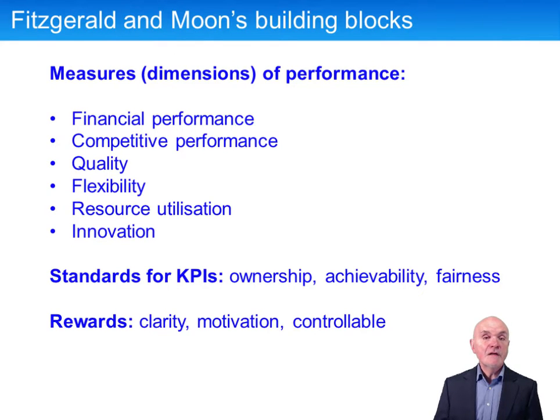And finally, fairness. If, let us say, there was a global catastrophe, if there was some problem with supplies and you couldn't produce the goods you wanted to, then you would expect some sort of allowance, particularly when you are judging people and coming to give performance-related bonuses.